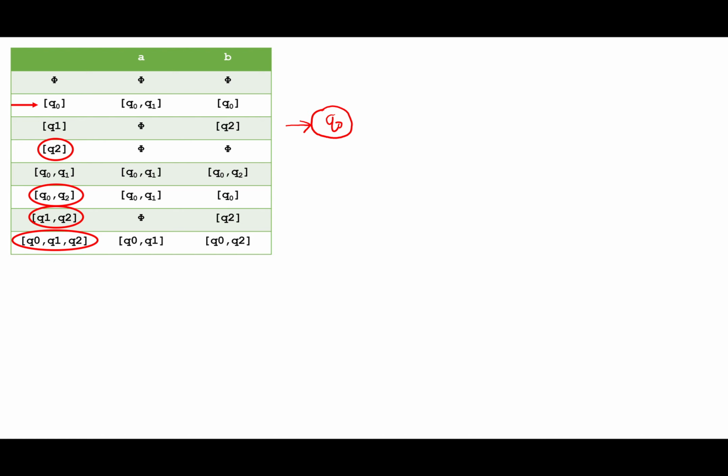Q naught comma A is Q naught Q1, so we will take that state, Q naught Q1, and the transition symbol is A. Then Q naught comma B is Q naught itself, so it is B.